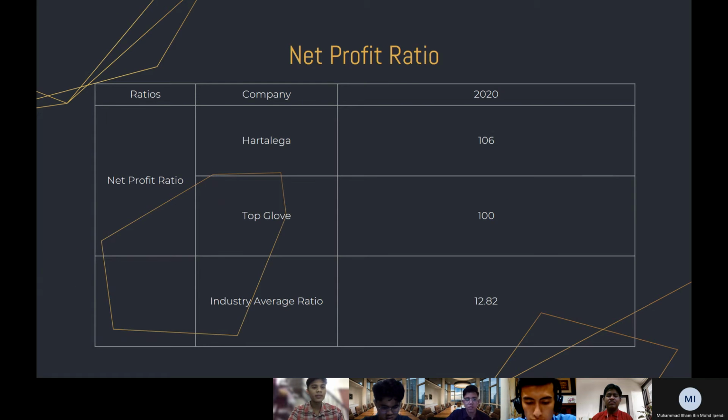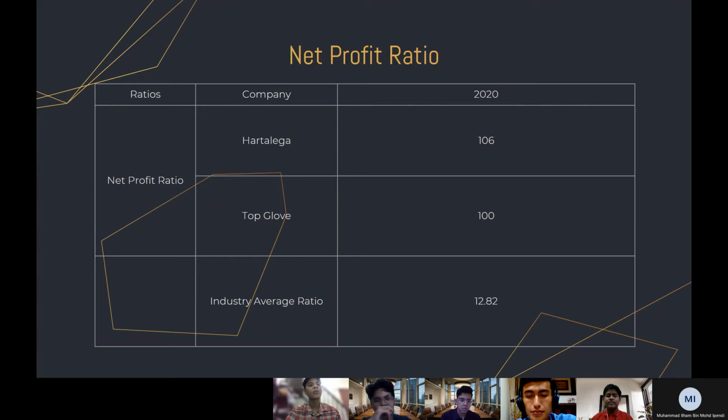Next, let's look at the profit margin ratio. From here, we can see that the net profit ratio for Hartalega is 106 and Top Glove is 100. We need to know that a higher net profit margin ratio means that the company is able to effectively control their costs and provide goods or services at a price higher than it costs.